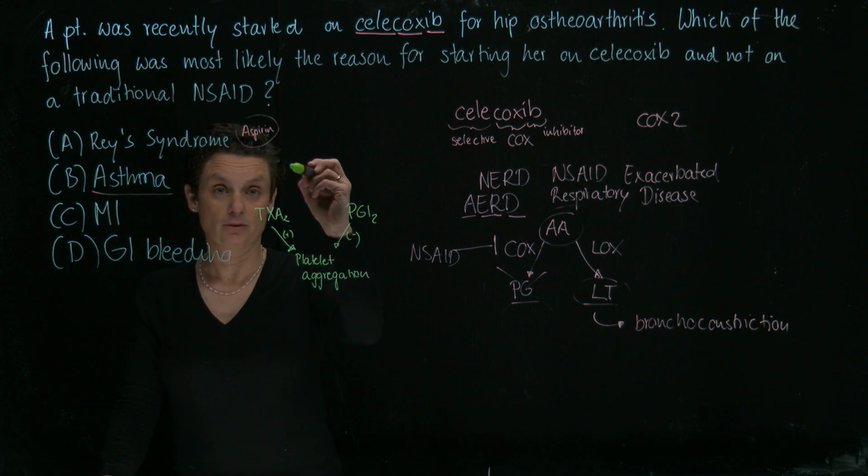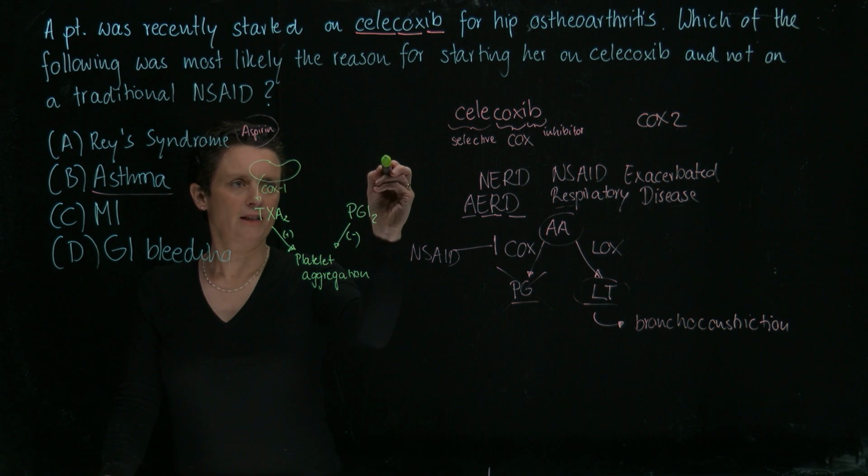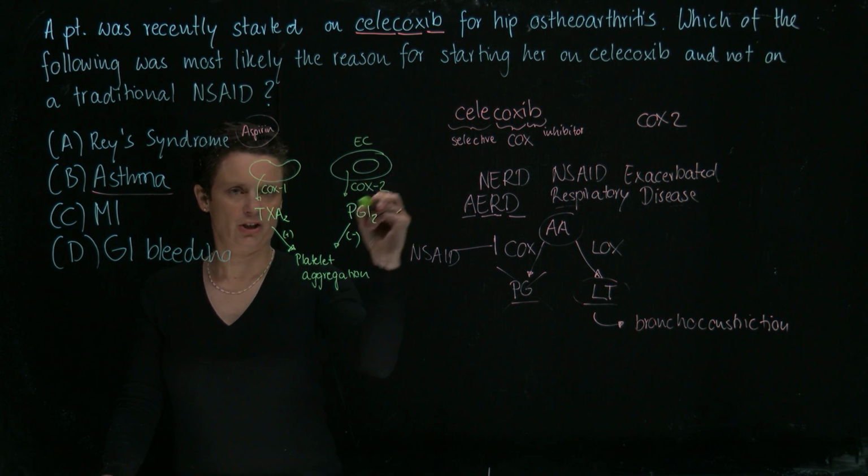Now it turns out that thromboxane is mainly made by platelets in a COX-1 dependent fashion, and prostacyclin is mainly made by endothelial cells in a COX-2 dependent fashion.